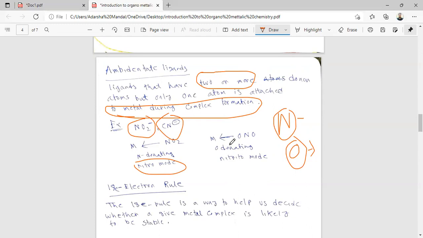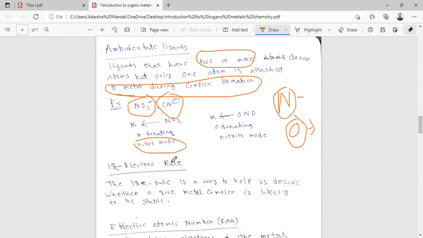So next we will discuss the 18 electron rule. The 18 electron rule is a way to help us decide whether a given metal complex is likely to be stable or not. Organic molecules follow the octet rule for their stability.